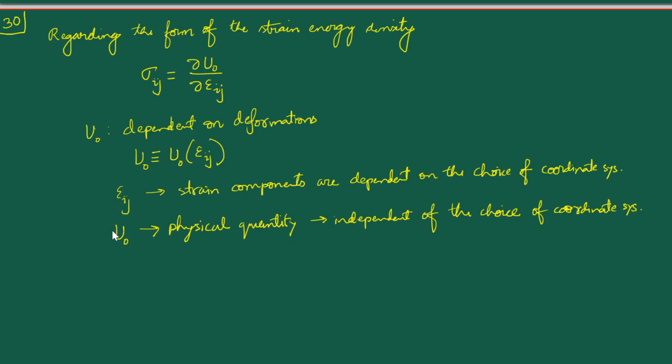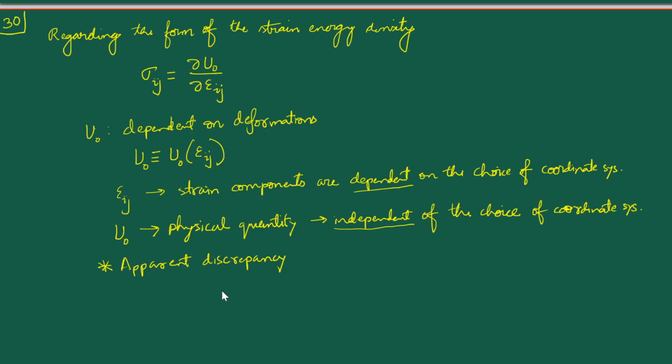So how can we resolve this apparent discrepancy? Here it is independent, here it is dependent. So something has to be fixed here. How can you fix it? If you think about it, there is a way out.